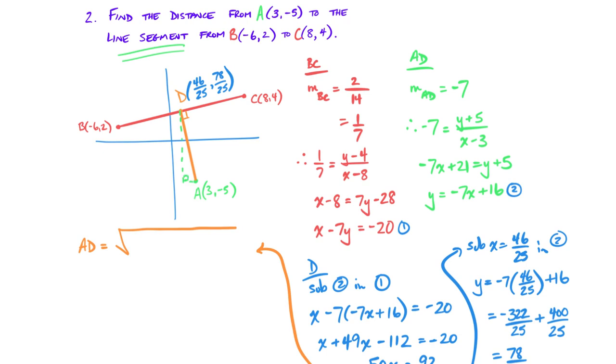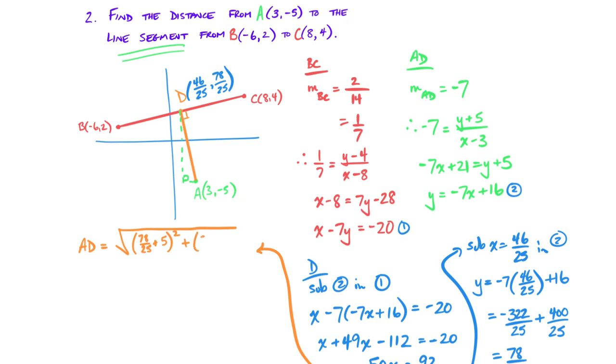Okay, my vertical distance is going to have to be from 78/25 all the way down to -5, which means I need to take that distance of 78/25 and add on down to 5. And then my horizontal distance is going to be from 46/25 over to 3.